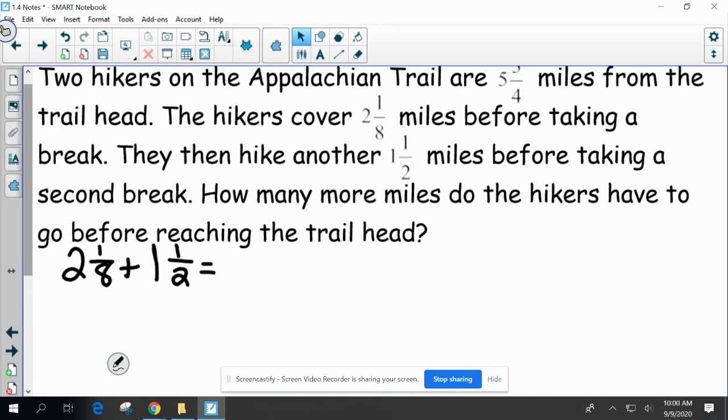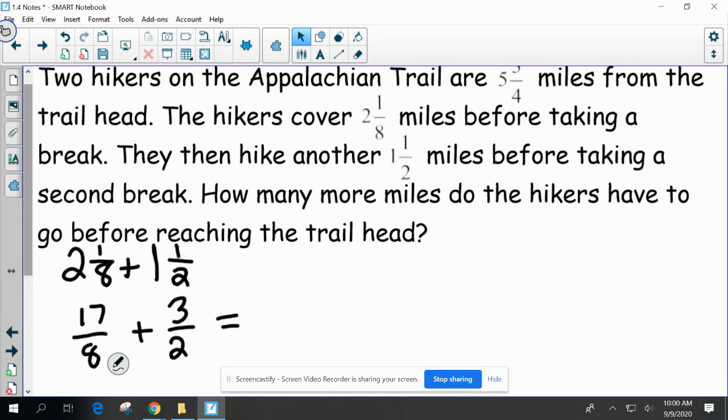So we can actually, if we convert these to improper, 2 1/8 would become 17 over 8 plus 3 over 2. And then what's my common denominator? It's actually 8. It could be 16. You would just need to simplify. 16 isn't wrong, but my least common denominator would be 8.